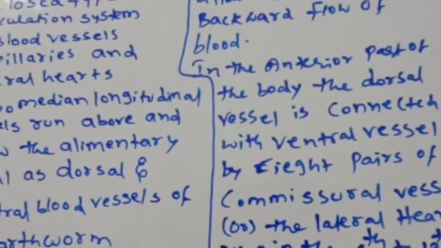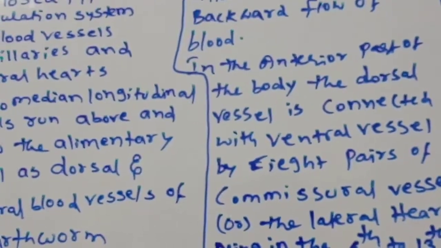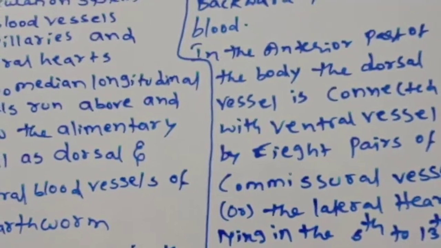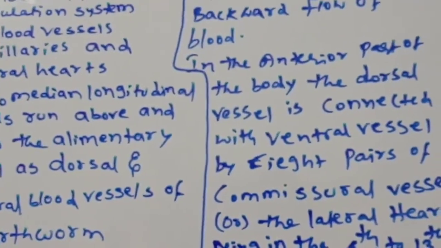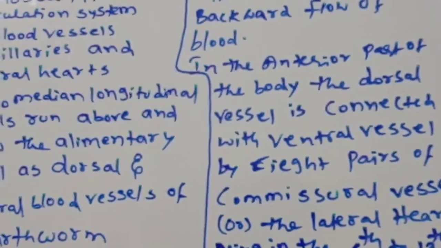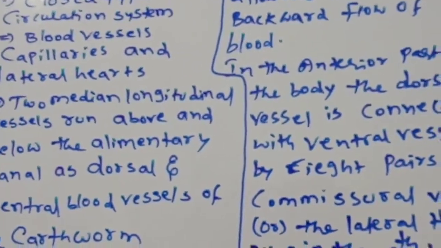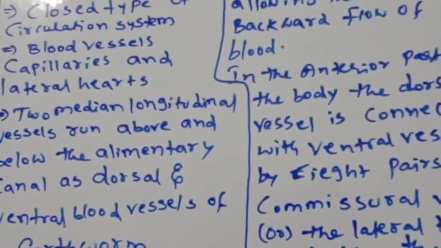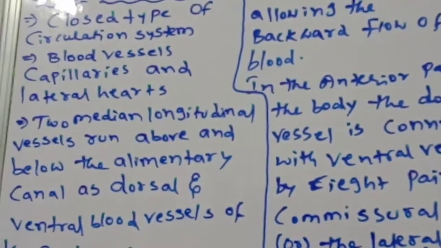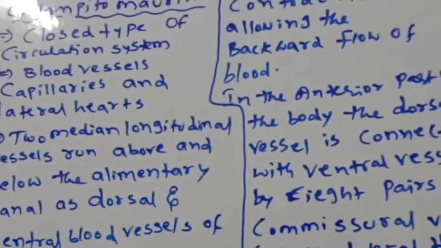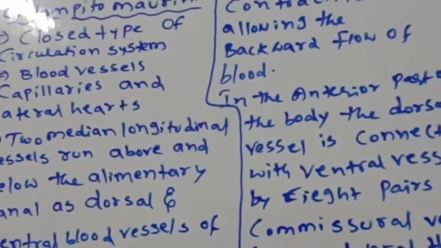When the blood flow is in the canals, that is called an open type of circulation system. When the blood is flowing in blood vessels like arteries and veins, and the heart is there, such a circulation system is called closed type. So in the earthworm we see the closed type.